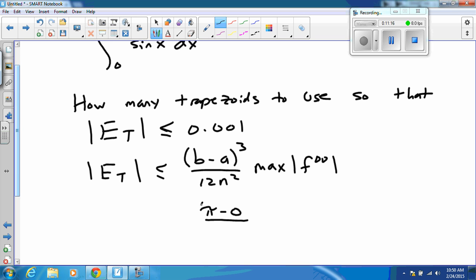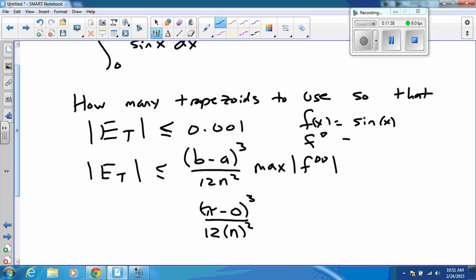Okay? So in this case, our b and our a are pi and 0. And the n is unknown, so I'm going to leave that as n, just like that. What about the maximum value of f double prime?